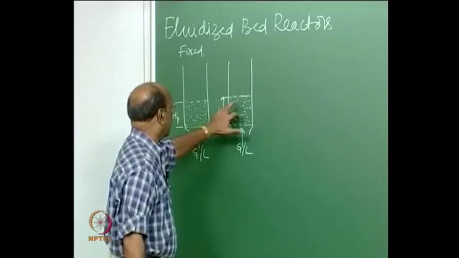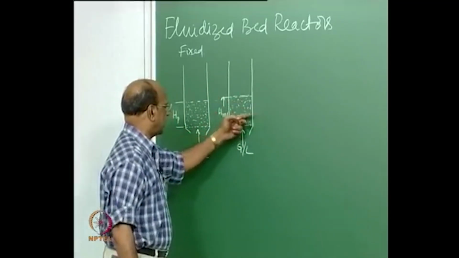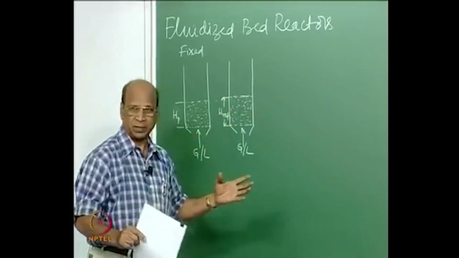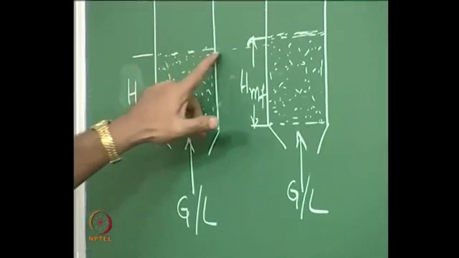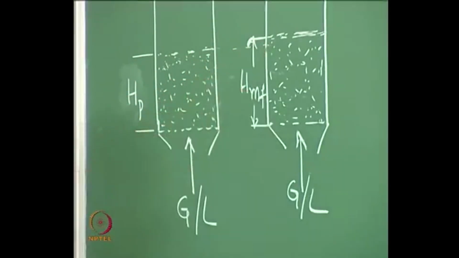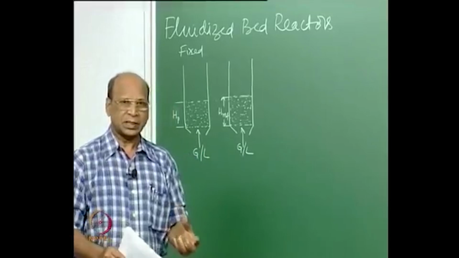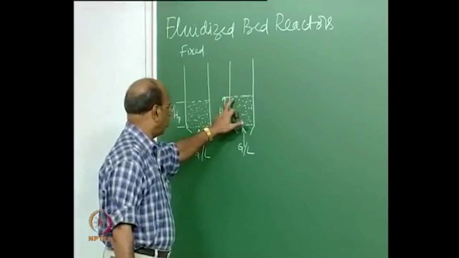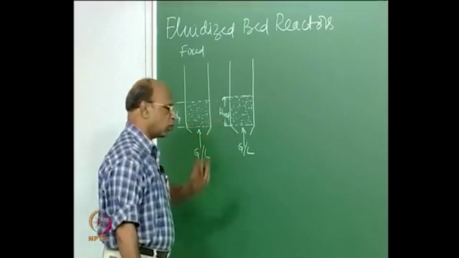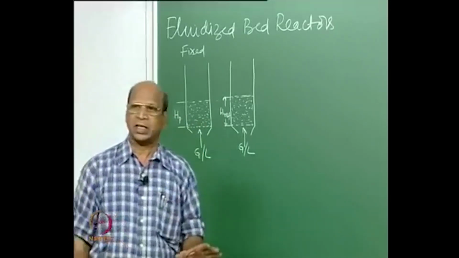That is the reason why you have this side and this side, it cannot expand, it has to only expand in this direction. That is why I put this is packed bed, it is slightly less because of the readjustments, okay? Just because of the readjustment a little bit more, but all the time we will take Hp also equal to Hmf at minimum fluidization conditions.